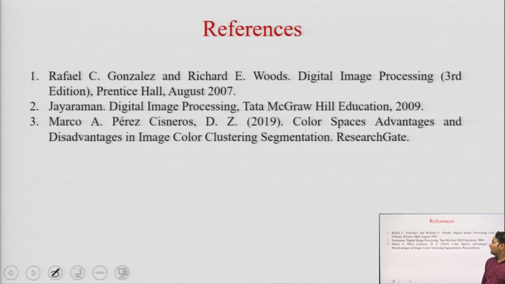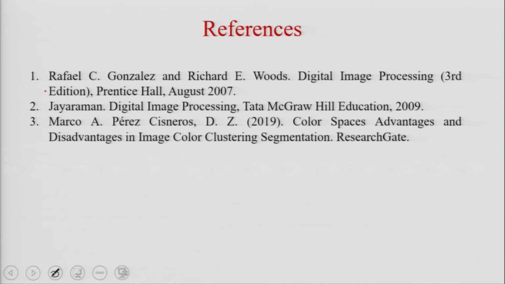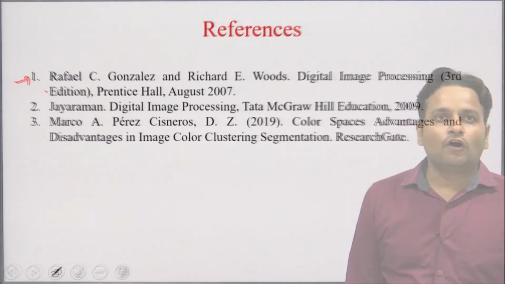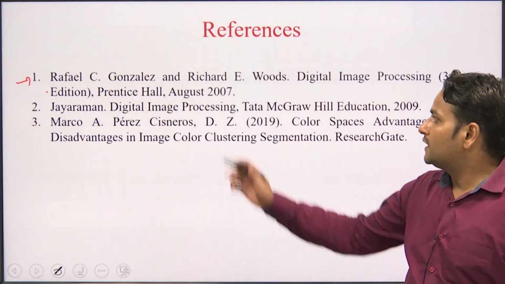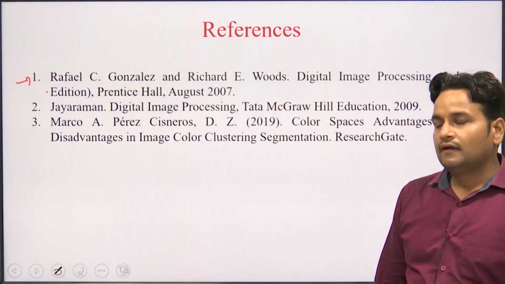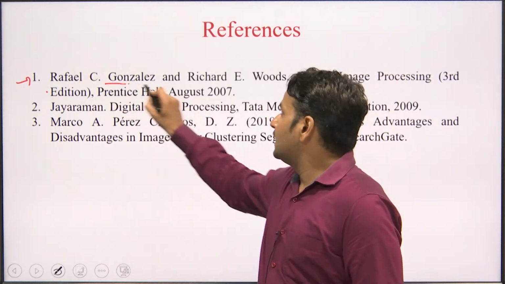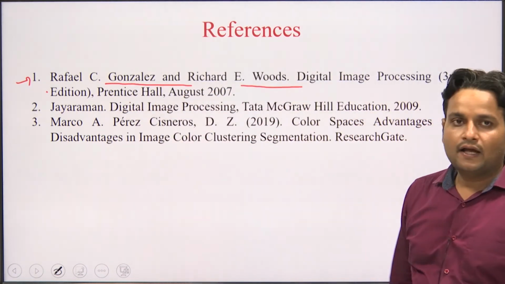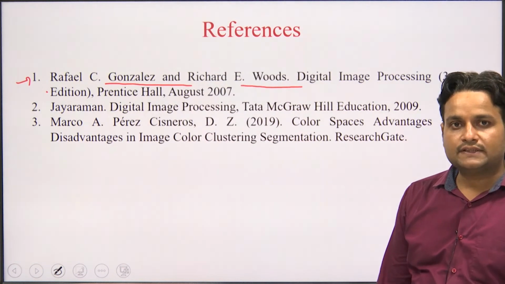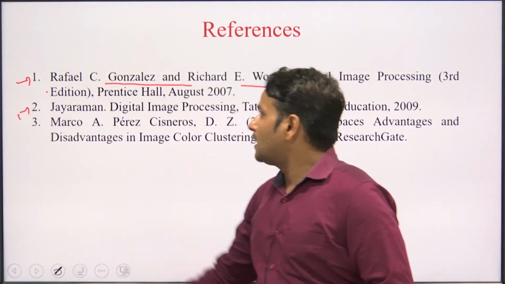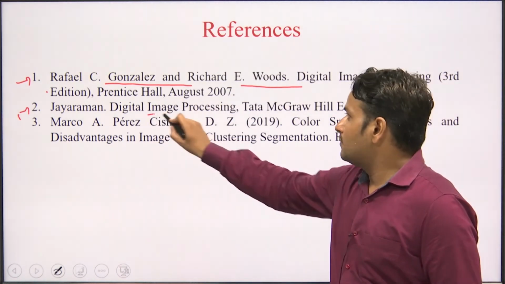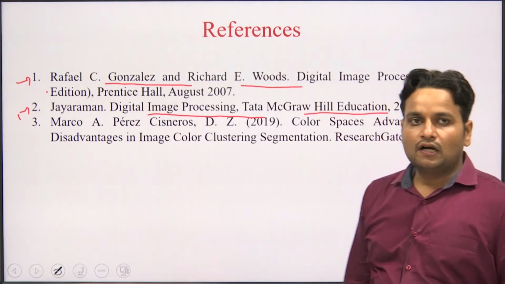After that, if we talk about the theory of these three sensors and the operations of digital image processing, here we have covered the first textbook, that is Rafael C. Gonzalez and Richard E. Woods, and that is the textbook of this thing, and another book, that is Jayaraman, Digital Image Processing, we have also covered.